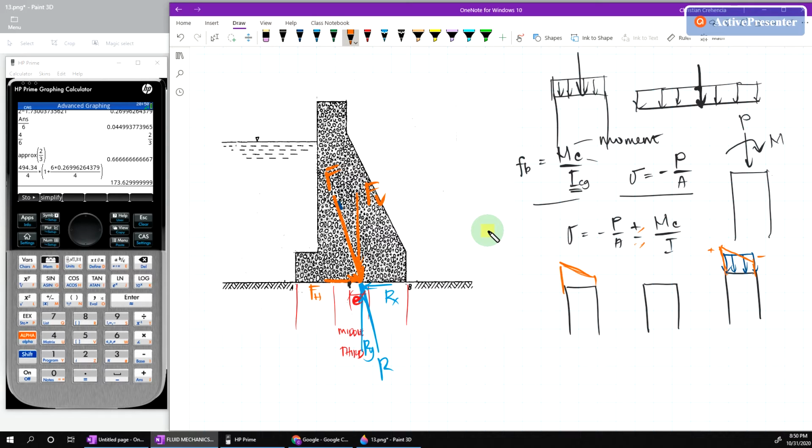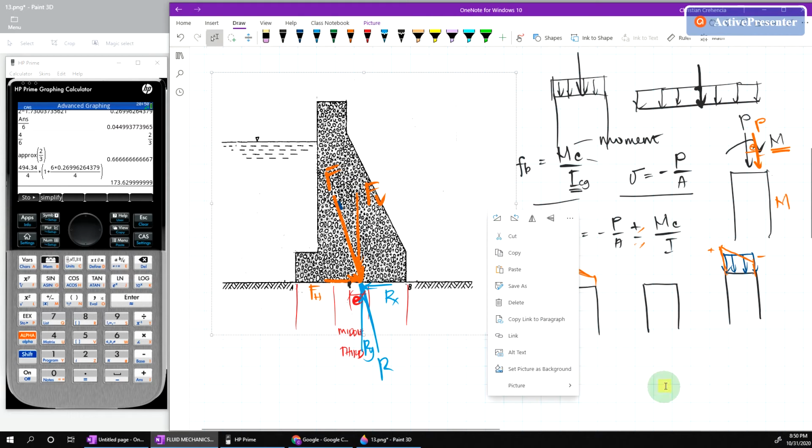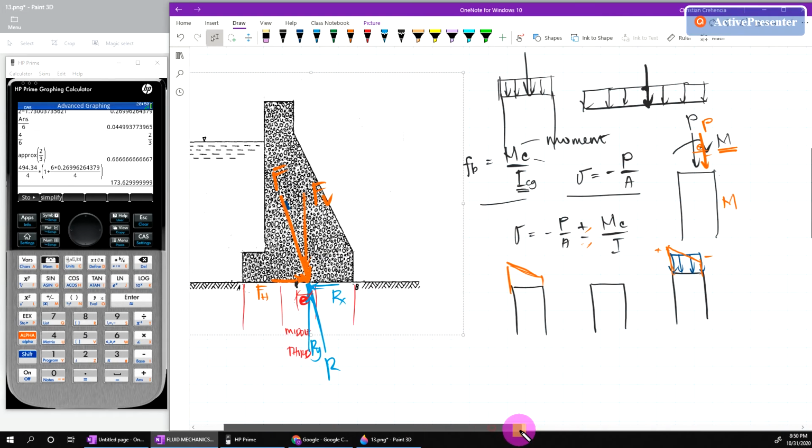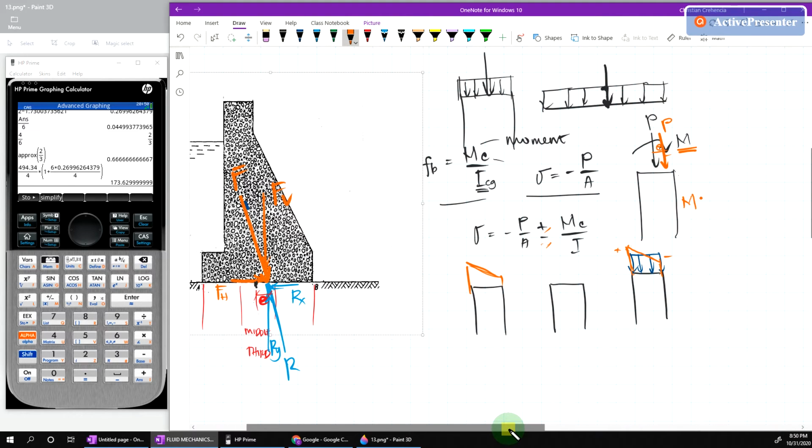Okay? And if lumaki pa yung moment, so pwede siyang, so either may moment M siya, nasa gitna yung force P, or yung force P is i-move mo dito. Kung i-move mo siya dyan, magkakaroon siya ng distance E, then yung moment natin in this case is yung P times yung distance E. Okay?